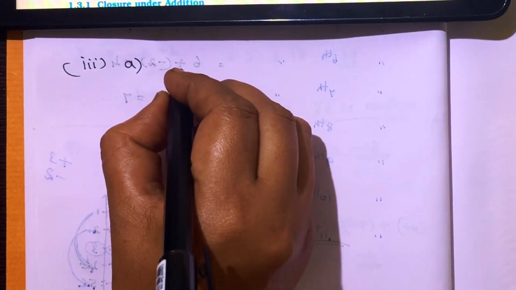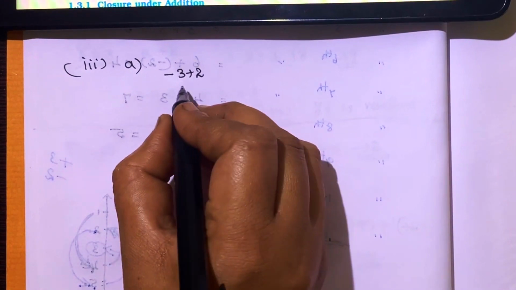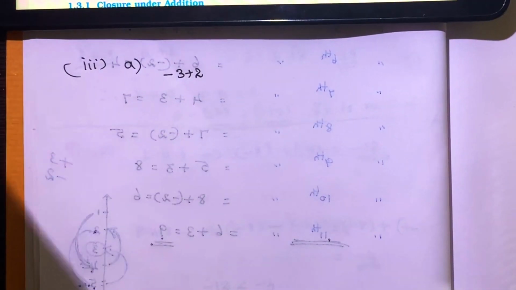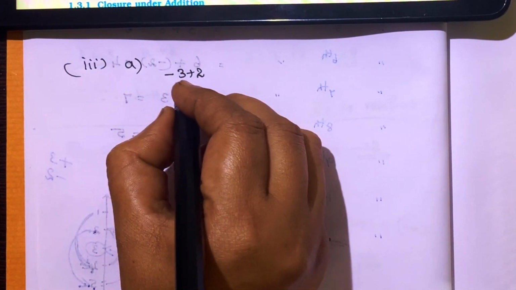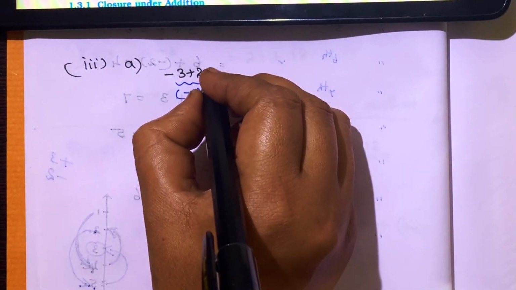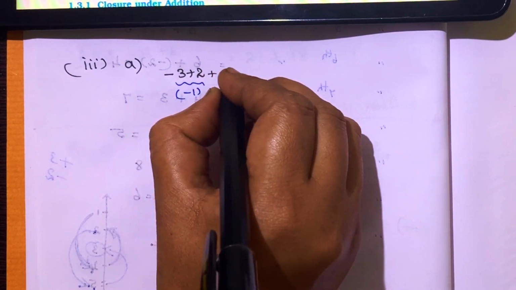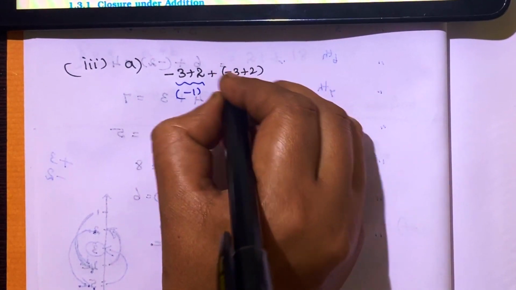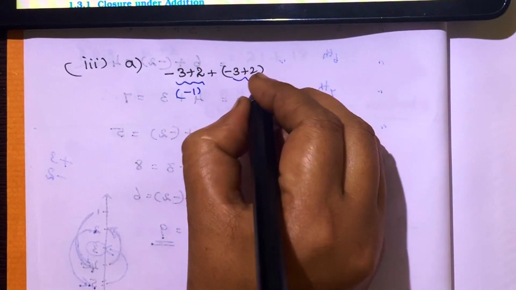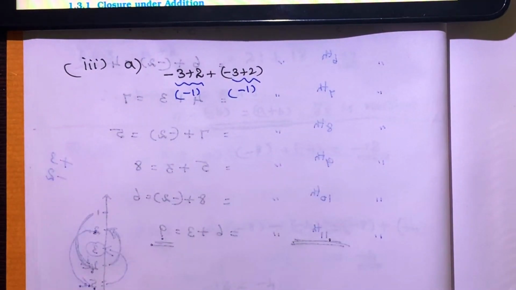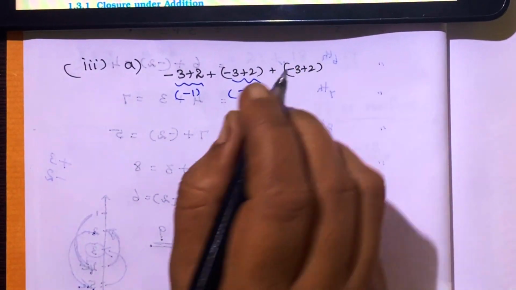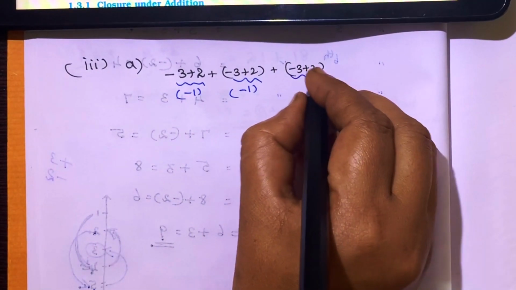So minus 3 plus 2. For this itself, minus 1 will be there. Minus 3 plus 2 is minus 1. Right? Again plus minus 3 plus 2, you will be getting here again minus 1. Again minus 3 plus 2, minus 1.